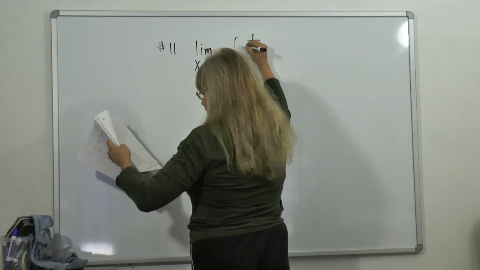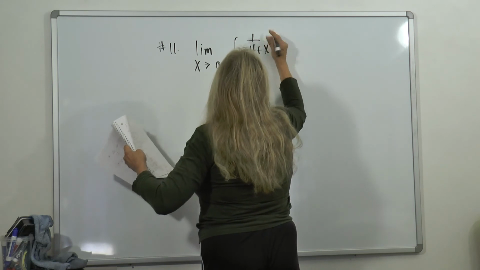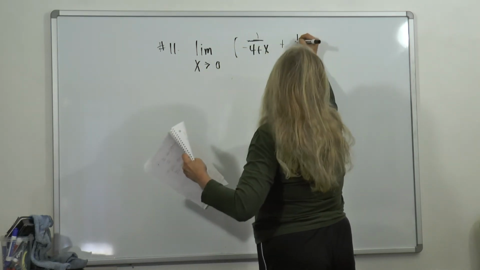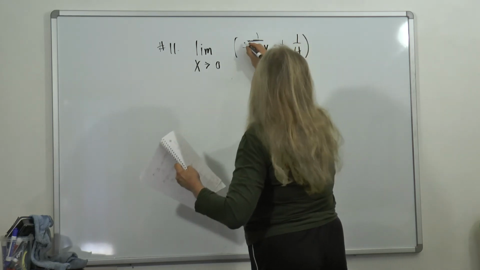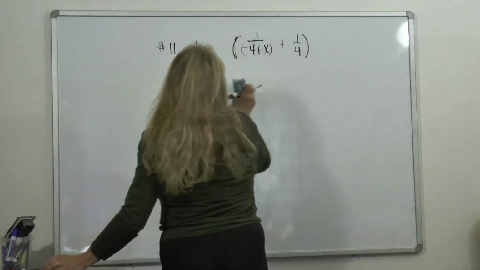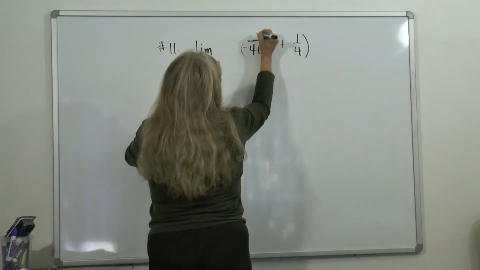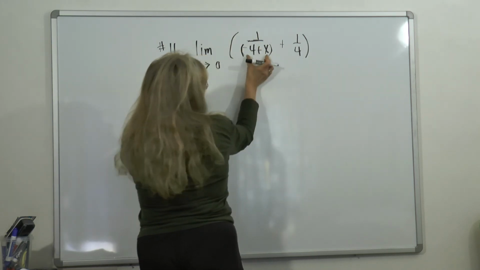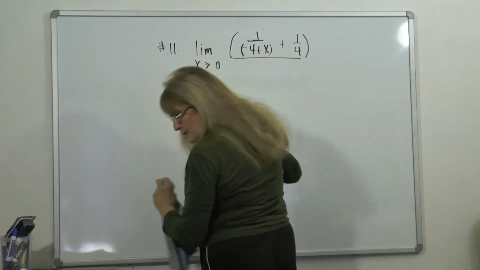Okay, so 1 over negative 4 plus x. Parentheses, parentheses, parentheses, baby. Plus 1/4. Parentheses on your big binomial, the whole thing, and then also on this secondary binomial.